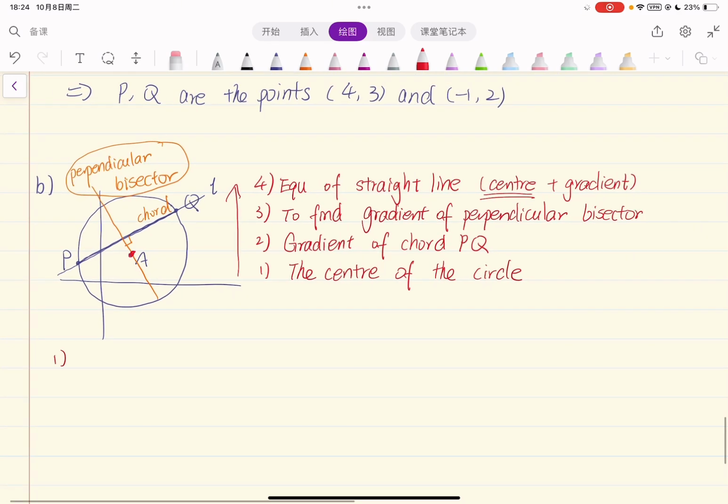So the first thing we need to do is to find the center of the circle.